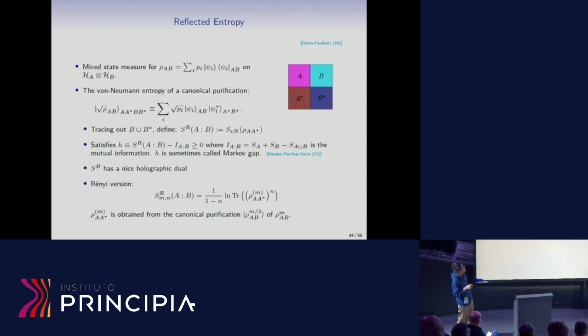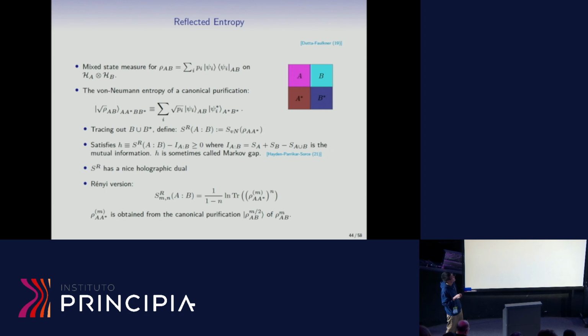There is also a power 1/2 here, which you can modify. By changing the powers, you define the Renyi version of reflected entropy, which depends on two Renyi indices, m and n. This is the way to connect to the multi-entropy.